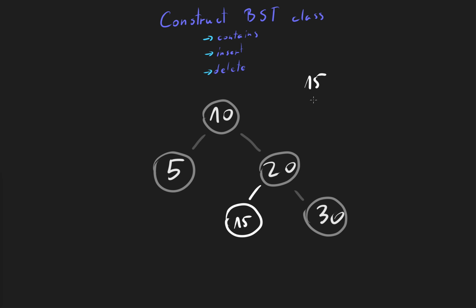In this case, 15 is a leaf node, so this is the easiest case. We just go to the parent, and parent dot left points to none, right? Just change this to point to none, which is basically deletion.